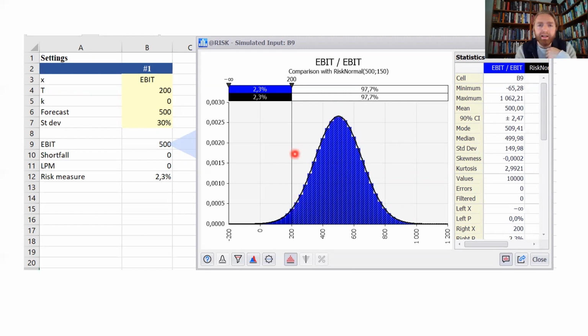Here, if you look at this line, it's 200, the threshold. So the probability of not meeting or reaching this threshold is found to the left of this line. And as you can see here, it's 2.3%, which is exactly what we're seeing here: the probability of going even further out in the tail is 2.3%, right?